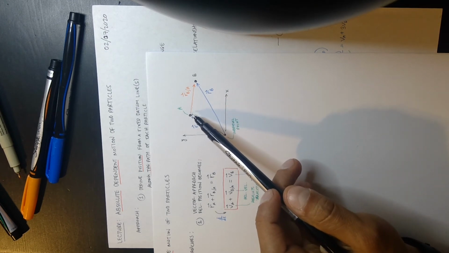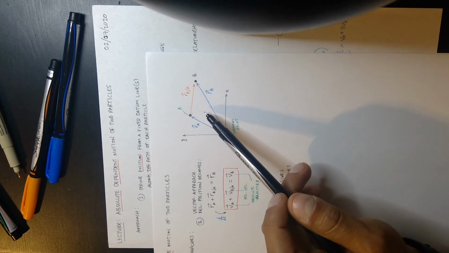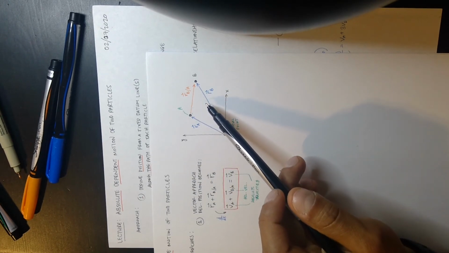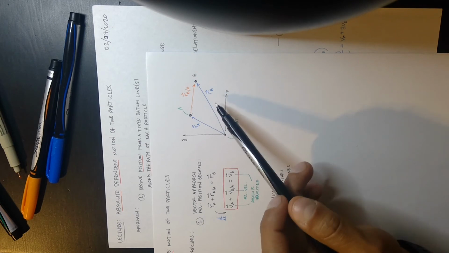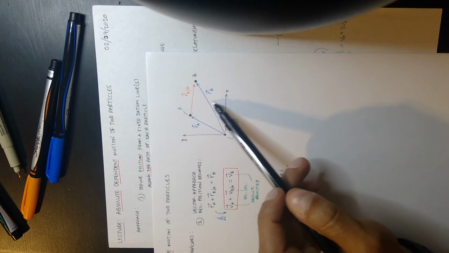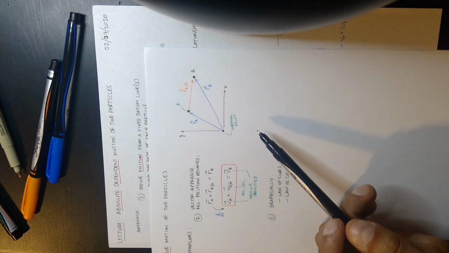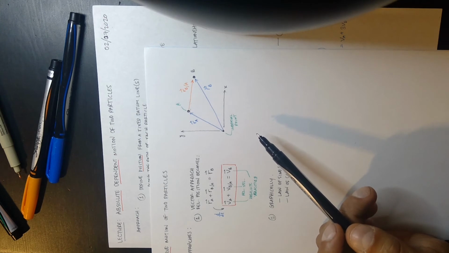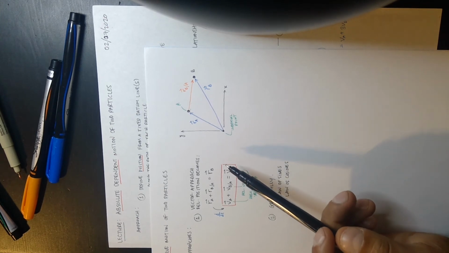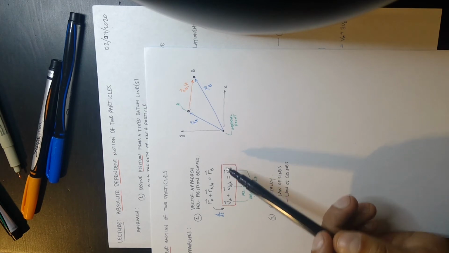Okay, so to find these angles, we can use geometry based on what we know about the vectors, using their unit directions and finding the direction of the vectors in space. So on slide 8 we have the law of sines and law of cosines in relation to those side lengths and internal angles.